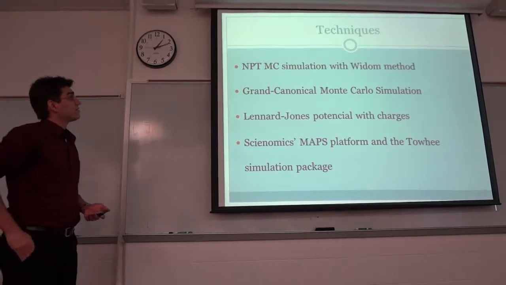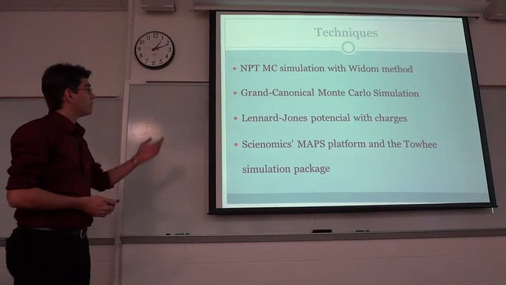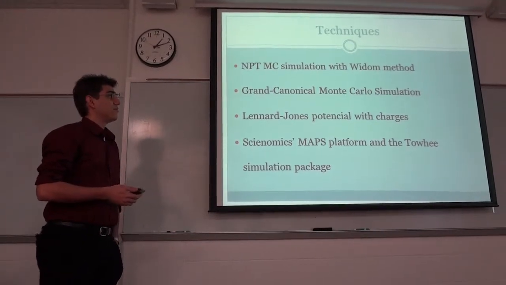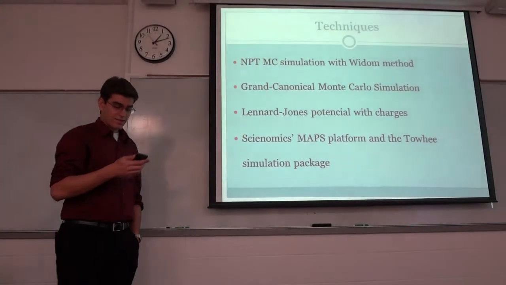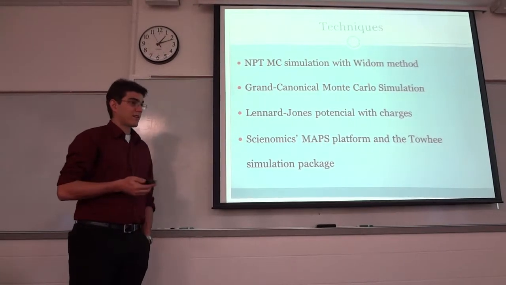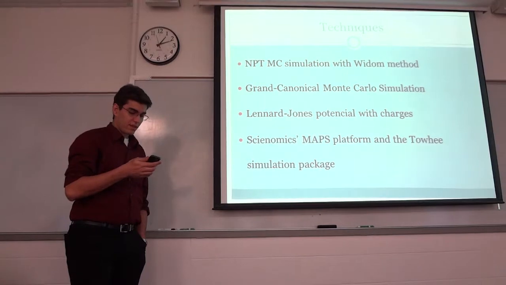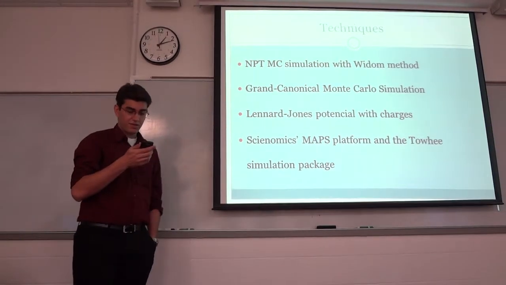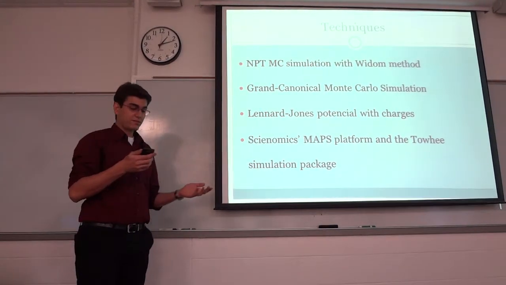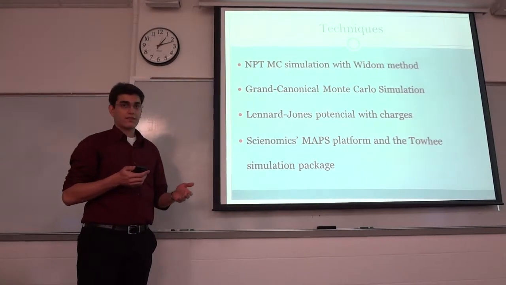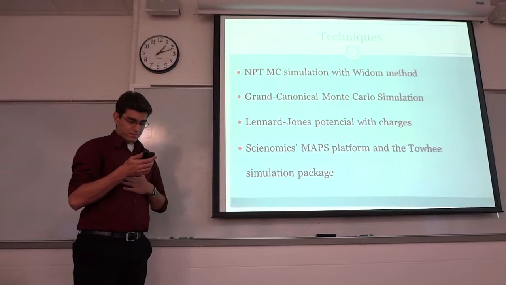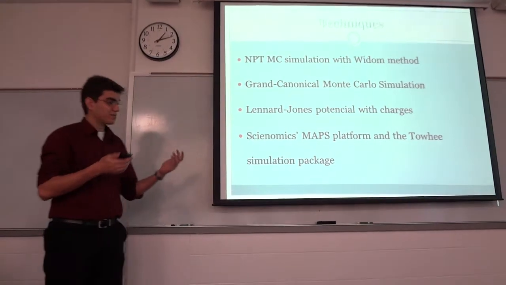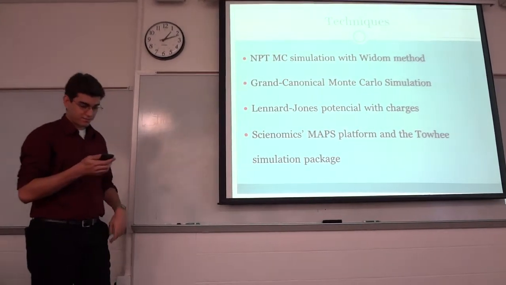About the techniques, they use NPT Monte Carlo simulation with the Widom method. This method calculates the excess chemical potential, which is the difference between the chemical potential of the system being used and if the gas were an ideal gas.